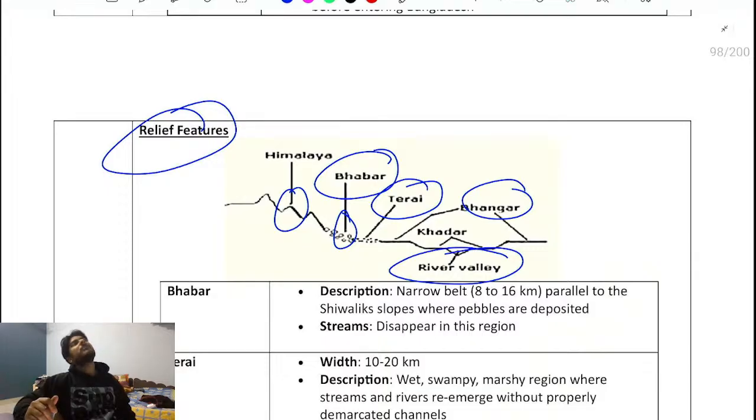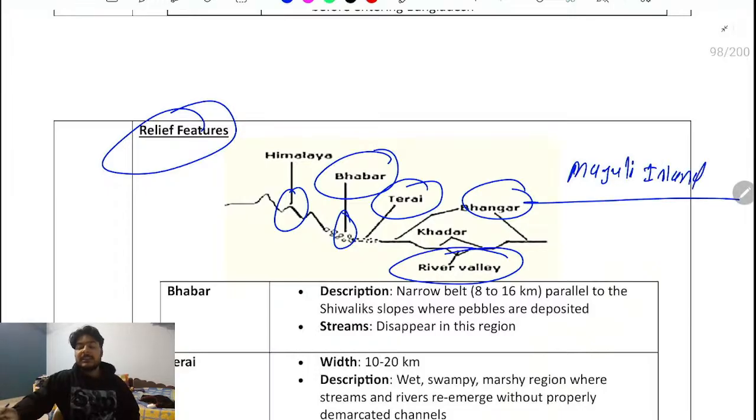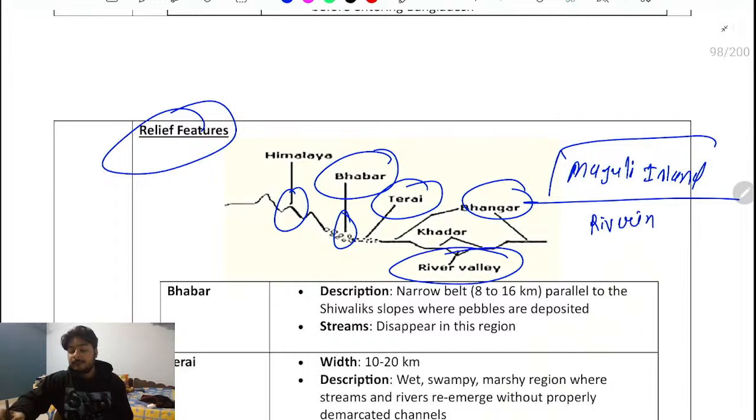For example, maybe you heard about the Majuli Island. This Majuli Island is India's first or largest riverine island. It is in Assam. ठीक है.